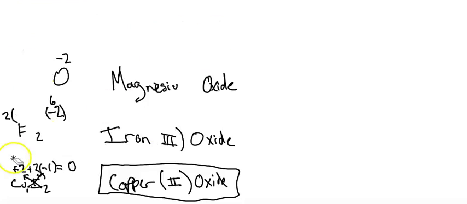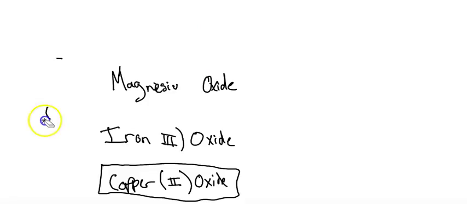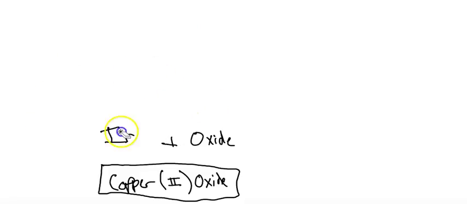So now we are going to kind of go backwards, and we are going to start with our name, and we are going to write out the formula. So to start out, we have a few examples. Nickel 2 oxide.